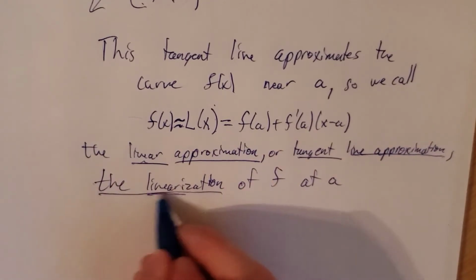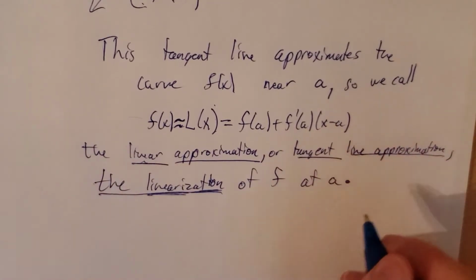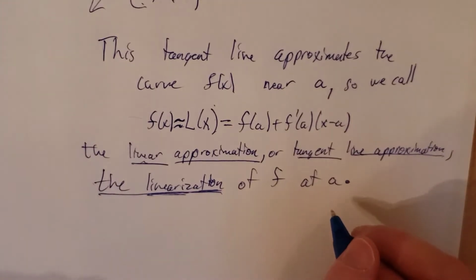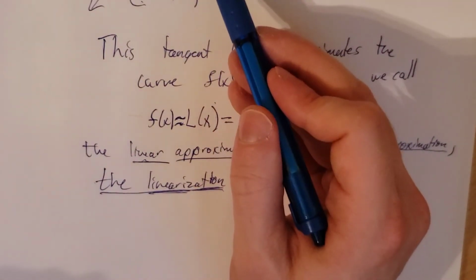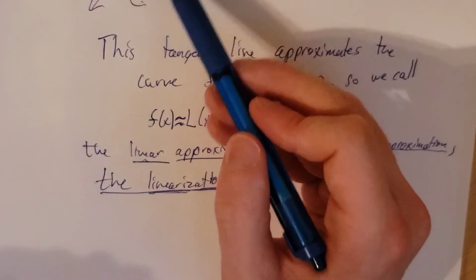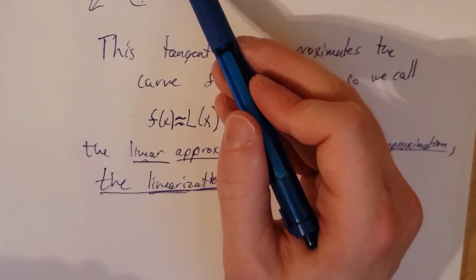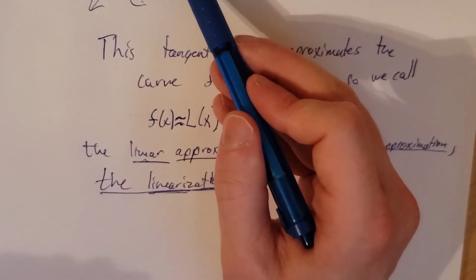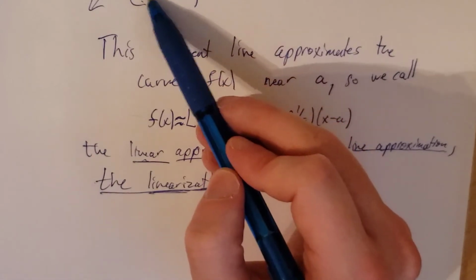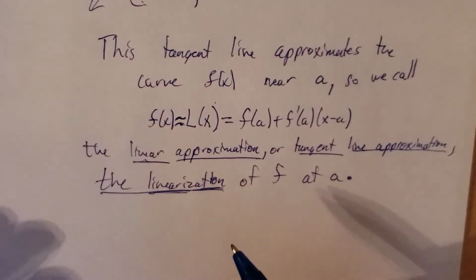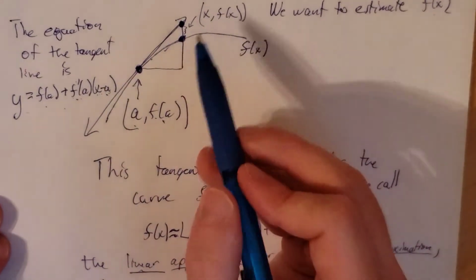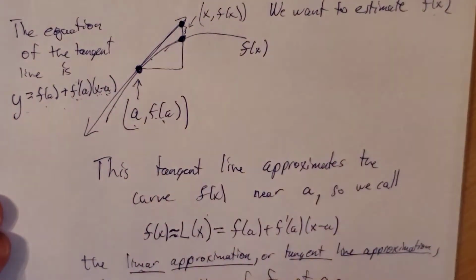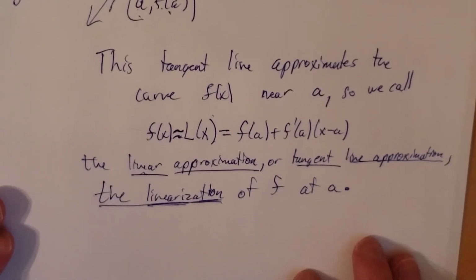The linearization. And again, what does this do? It gives us a linear approximation of our function. And this works when the x value we're trying to calculate, or the f of x value we're trying to calculate, has a corresponding x near the point a comma f of a. Right? So when this x is near our a comma f of a. All right.